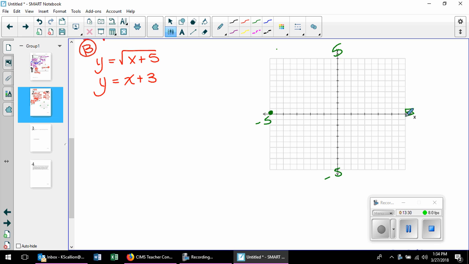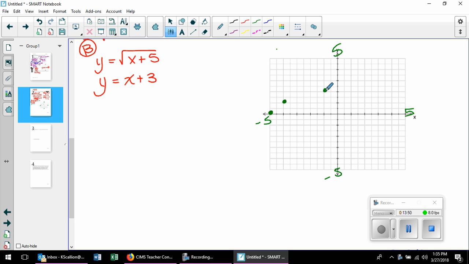So if I was at 1, 1, now I'm at negative 4 and 1. From 4, 2, I'm now at negative 1 and 2.